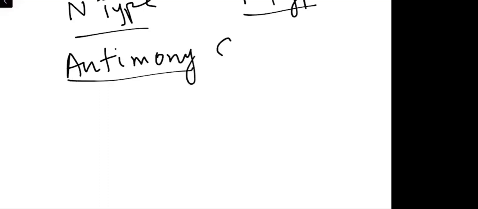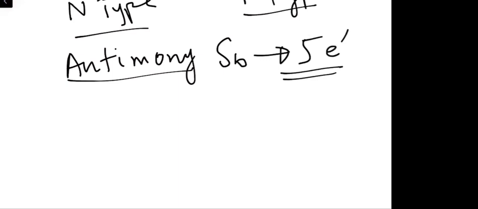So again, we say that the pentavalent impurity is antimony. Antimony has the symbol Sb, and it has 5 electrons in its valence shell, right? Now let's see what happens when we add the antimony.